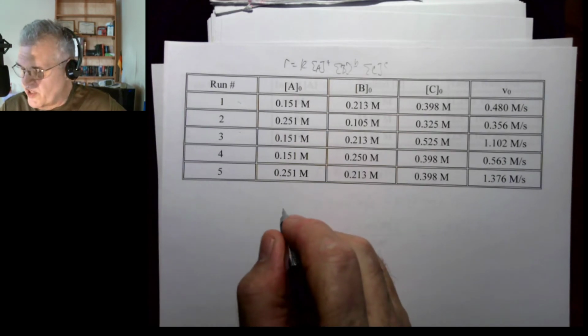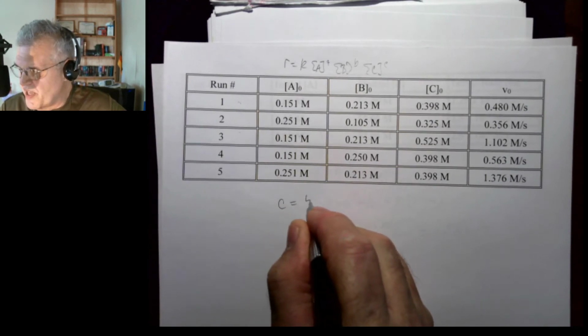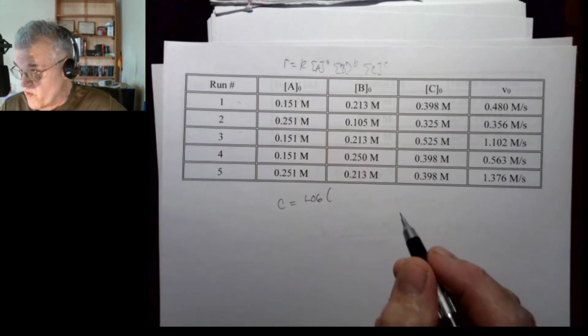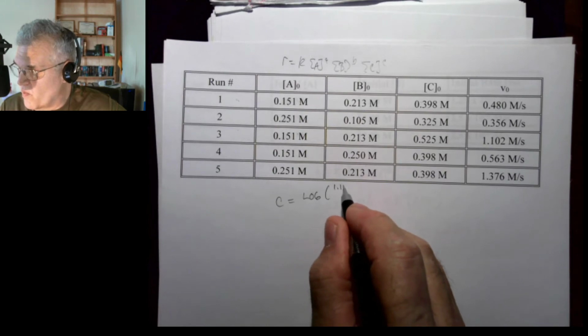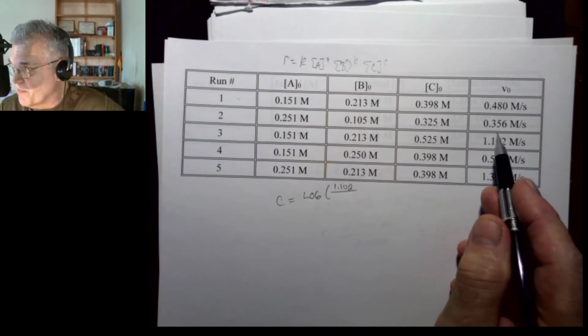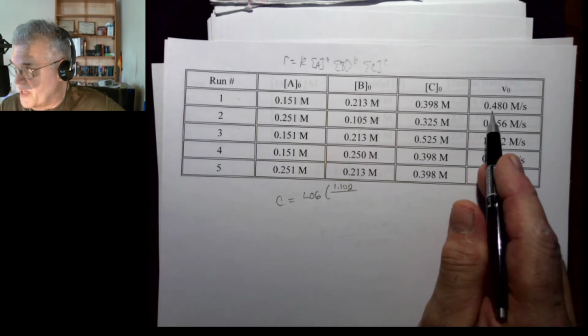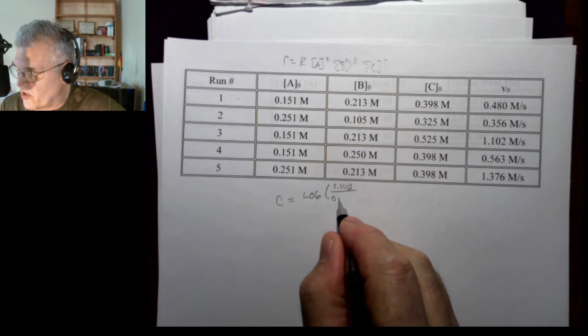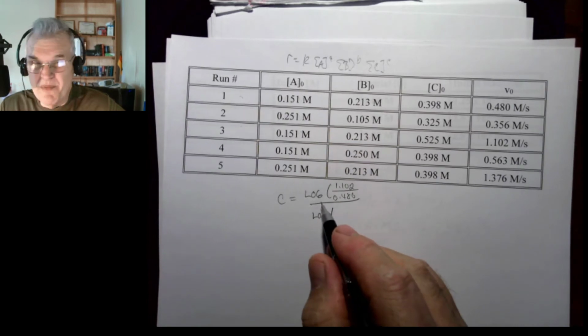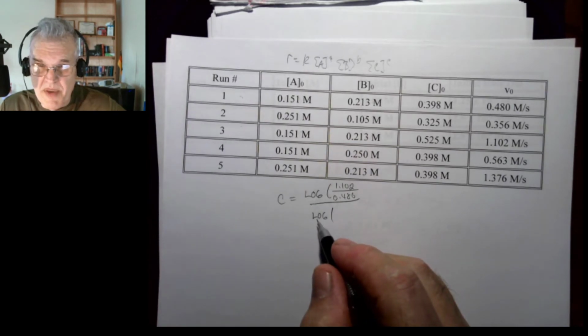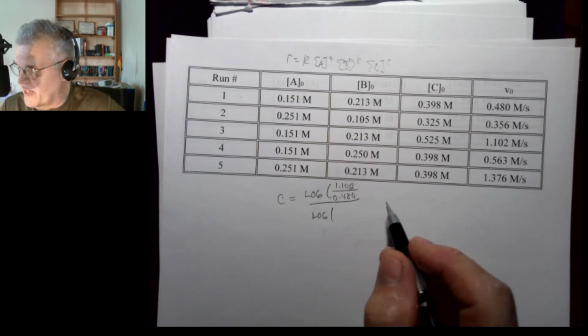You can set up the equation, but it's going to end up being c is going to be equal to log of rate fast, which is the fastest of these two, 1.102, over top of rate slow, that would be number 1, right? 0.480, divided by log of, and the log can be ln, log base 10 or log base e. It doesn't make any difference.